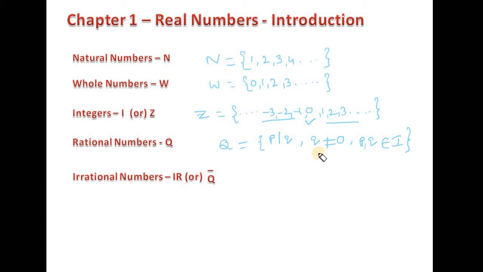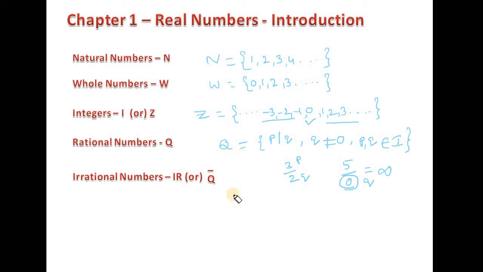For example, take 3 by 2. Here P is 3 and Q is 2. If I take 5 by 0, where the denominator is 0, this value becomes infinity. That's the reason we should specify that Q should not be equal to 0. That is the definition of rational numbers.